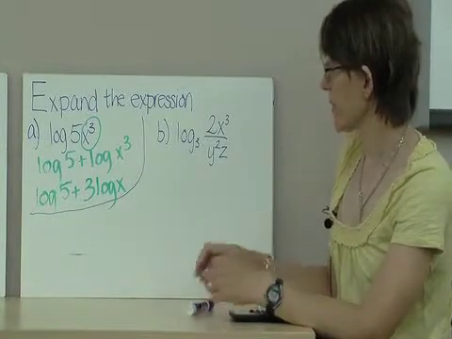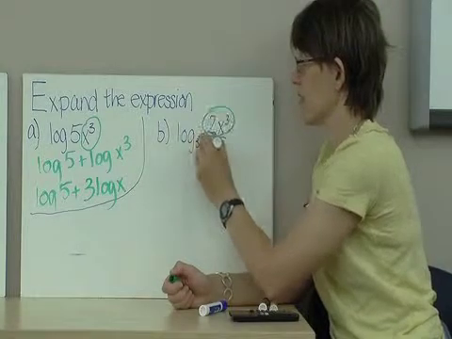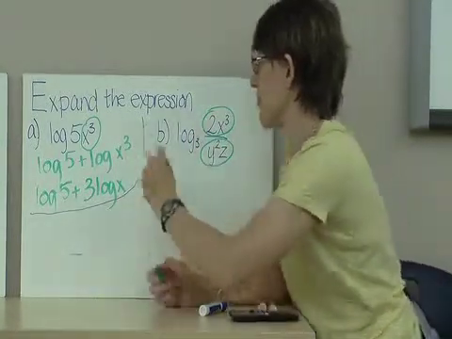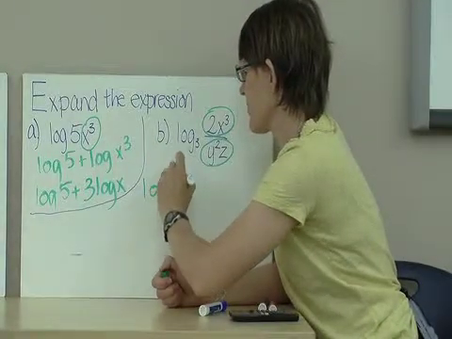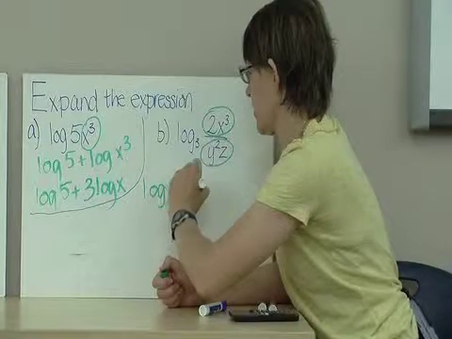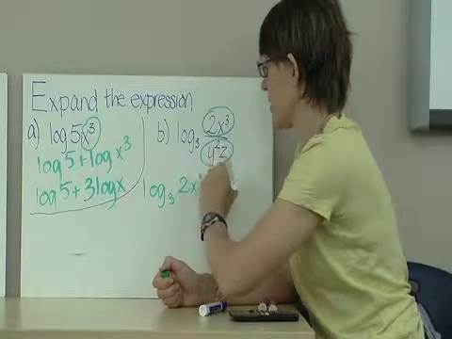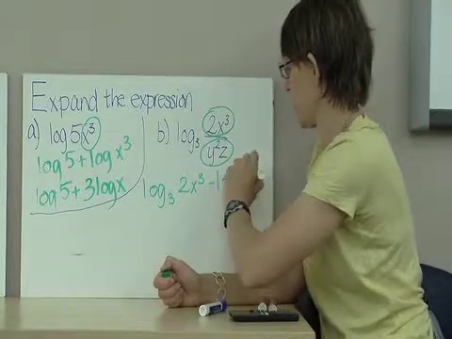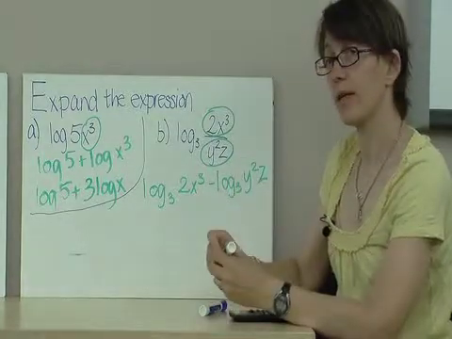The first thing that I'm going to do is break up this quotient. So I have my numerator and my denominator. So I'm going to have log to the base 3 of 2x to the third power minus log to the base 3 of y squared times z.